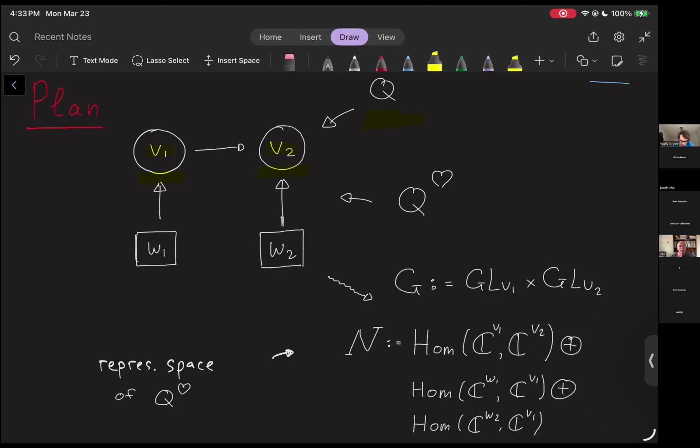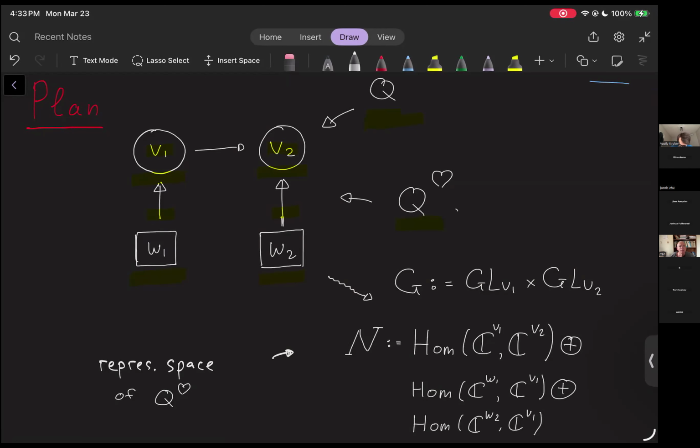And we also form the framed quiver, meaning that for each vertex of the original quiver, we associate to it an additional vertex. And we put some numbers there and we draw arrows like this. I denote the framed quiver like this. So we have the data of a framed quiver.